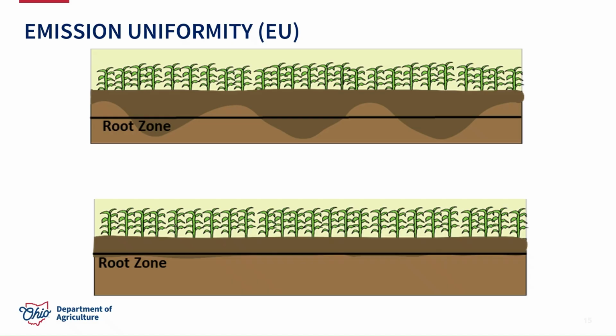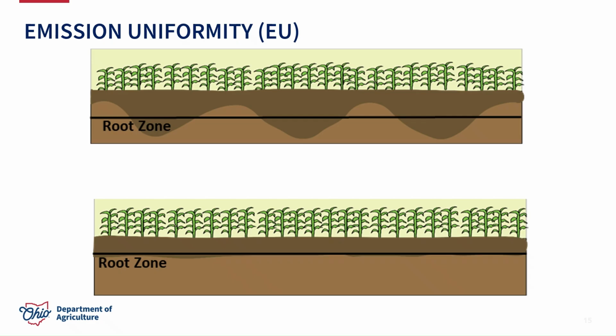In this situation, in the root zone where those crops need water, if we have a poor EU or a low emission uniformity, our irrigation isn't very uniform across the field. So there's going to be instances where the crops are not obtaining enough water, and you can see those crops are a little shorter, they're not growing as much, or there may be instances where we're over irrigating, providing too much water to certain plants. And that's effectively overusing the water resource that we have available.